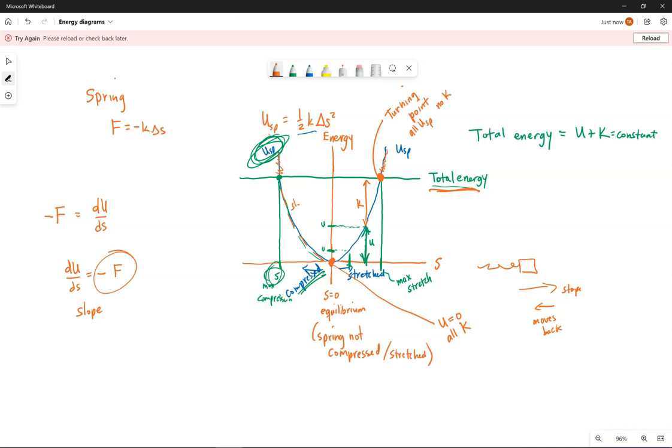So here the slope is positive, which means the force is negative. It's opposite the compression. So if the spring was compressed to the left, the force is to the right. That negative really is explaining the negative sign in Hooke's law: the force the spring exerts on an object is always opposite in direction to the compression or stretch of the spring.